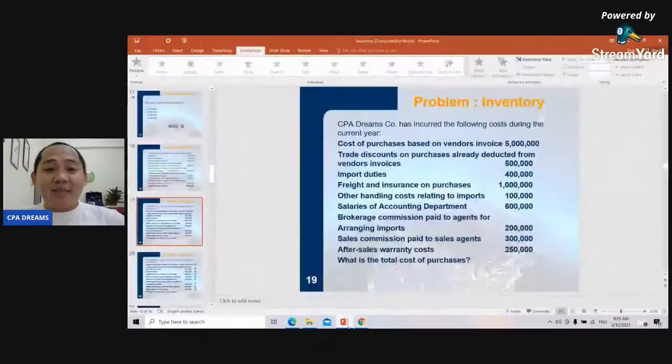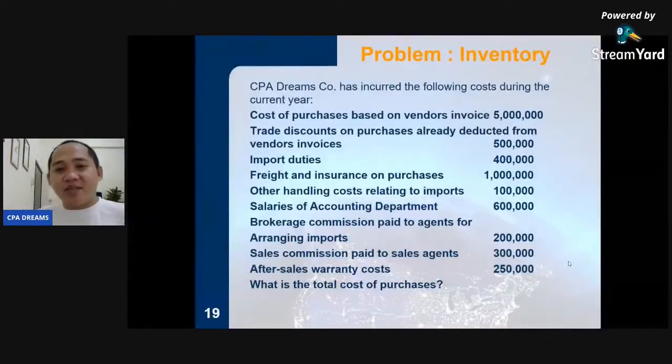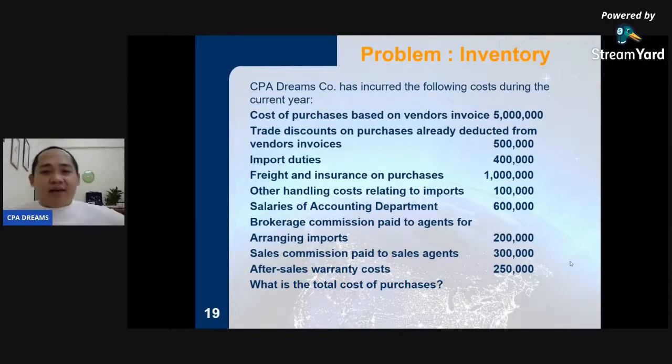Okay, balikan na natin mga kapatid. May answer na ba tayo? I-comment mo lang.